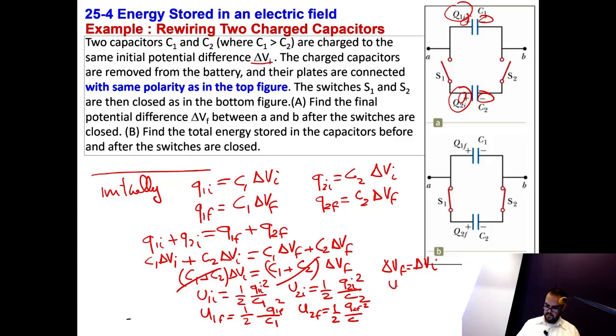So the total energy is U1 initial plus U2 initial, which is 1/2 of Q1 initial squared divided by C1, plus Q2 initial squared divided by C2, and we find the same thing here.